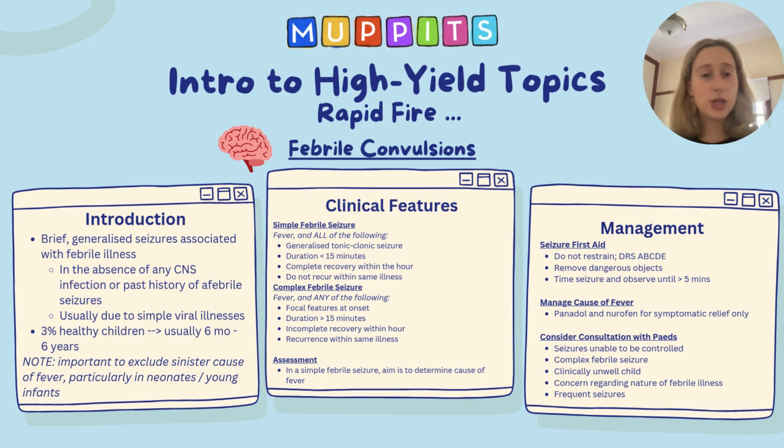And then managing the cause of the fever is super important. Panadol and Nurofen will only treat the fever itself, just as a reminder, and any pain. So you actually need to manage the cause of the fever. For example, if it was a pneumonia, you need to manage that with antibiotics. So don't forget about the cause of the fever.